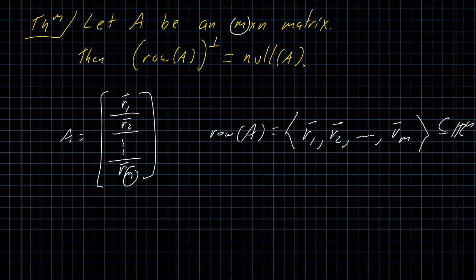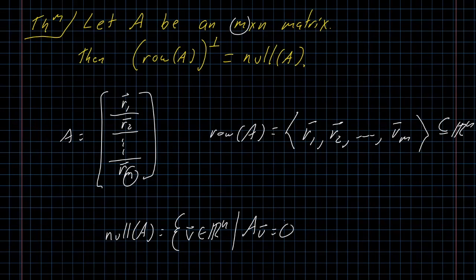And remember also that the null space of A is the set of all vectors such that when you multiply A times that vector, you get the zero vector.